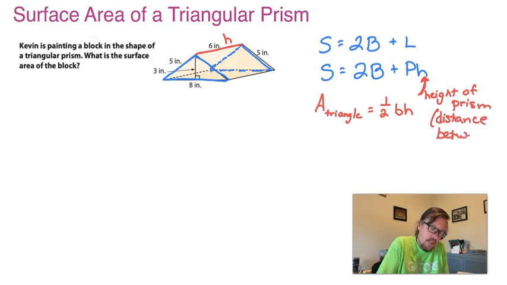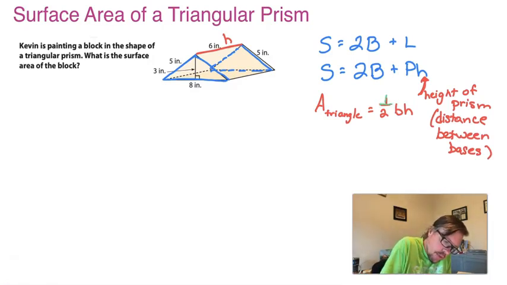The other h, which I'm now realizing perhaps I should have done in a different color, let's do 1/2 BH. This right here is the H for our triangle, the area of a triangle.